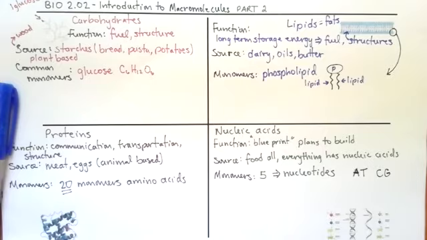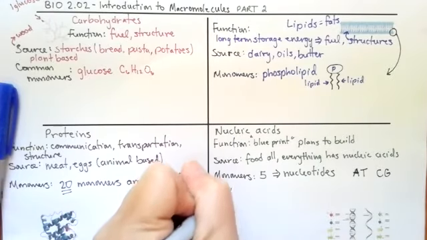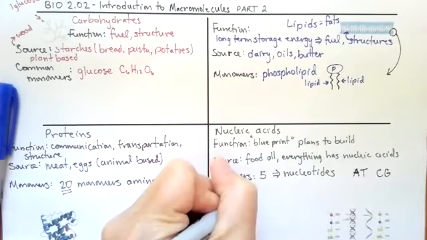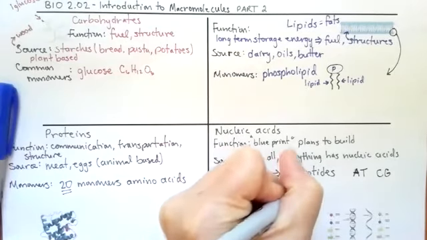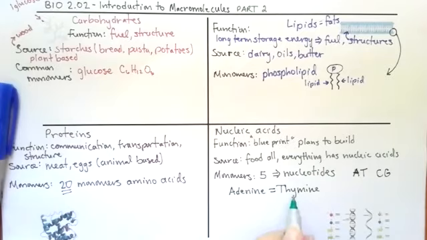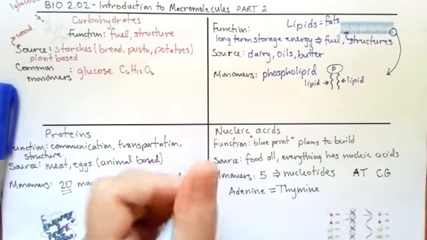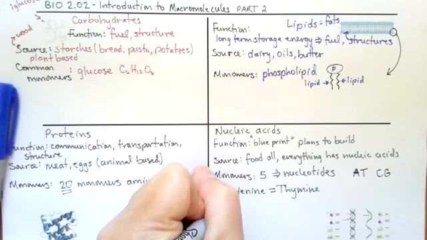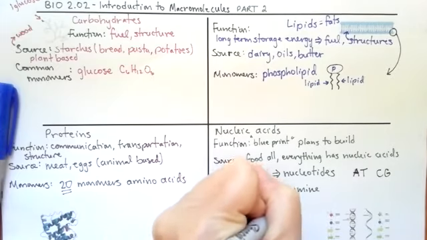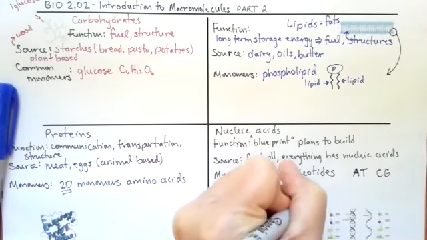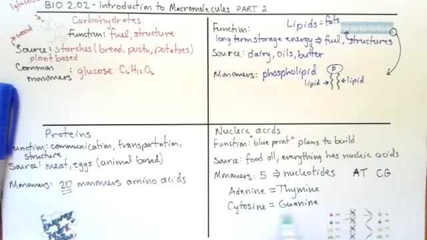What this means is that of the nucleotides, one is adenine and one is thymine, and only adenine and thymine can combine together. The nucleotides 3 and 4 are cytosine and guanine, and only cytosine and guanine go together.